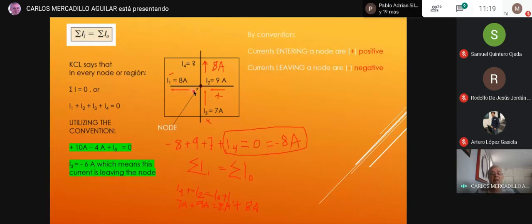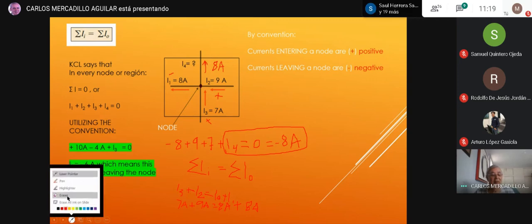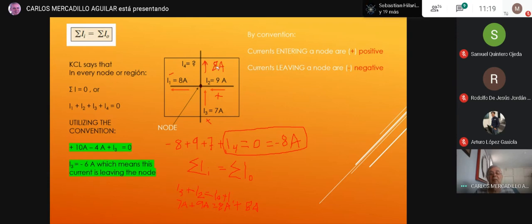I1 is outgoing, so we'll have a negative sign. I4 is, let me see, we don't know yet.